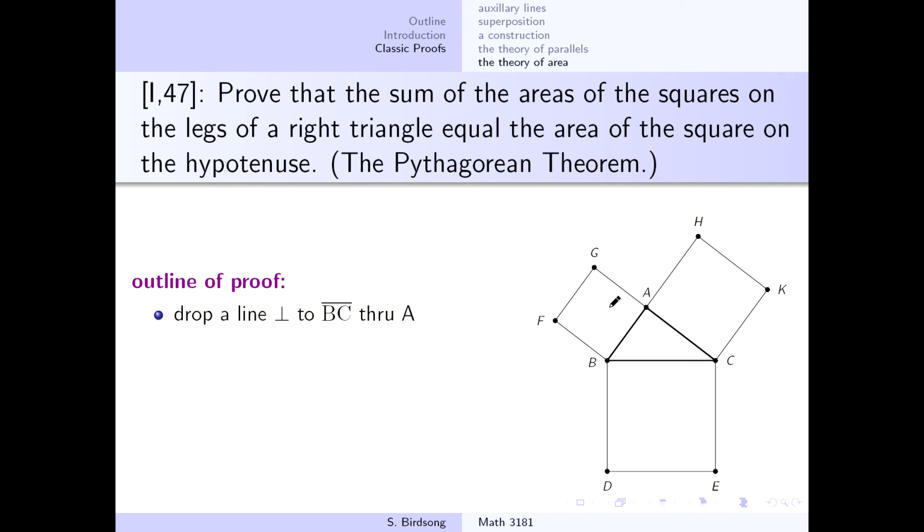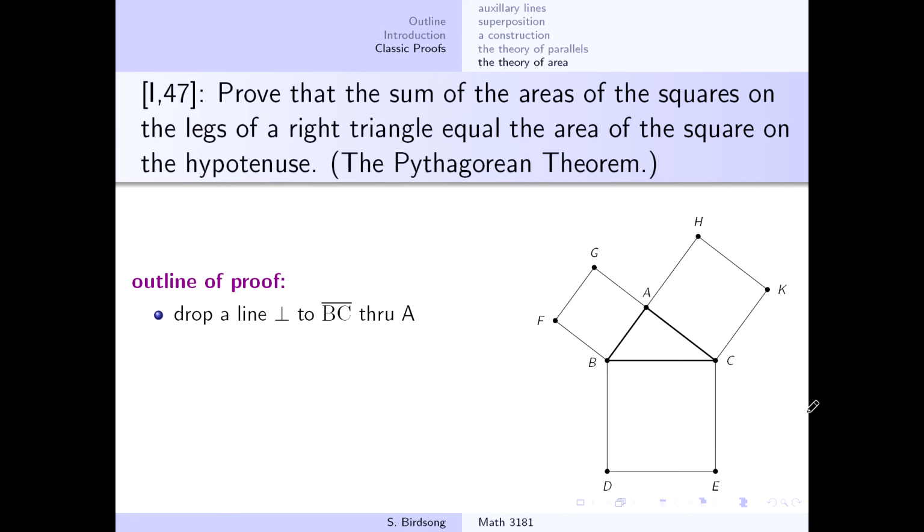I think of it like sand. You have a bunch of sand up here in the two smaller squares on the legs of the right triangle. You make a little hole here and all your sand starts pouring into this bigger one, and when all the sand dribbles out, it fills up the larger square at the bottom.